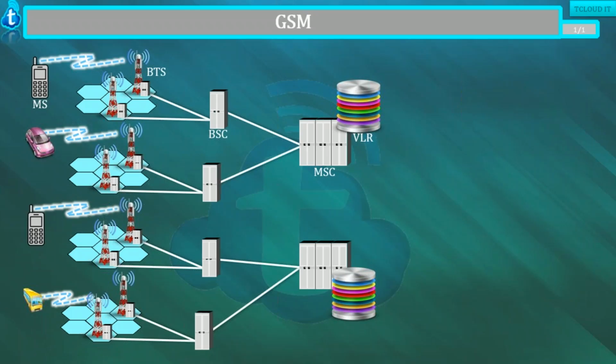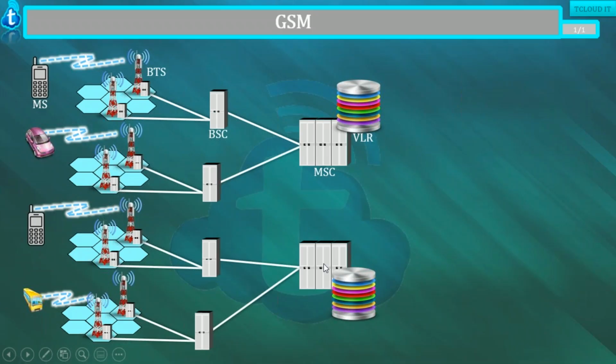But the moment they start roaming, moving from one place to another, one of the users who is supposed to be under this MSC's geographical location, once he starts coming into some other location and sends any kind of service request, the BTSs and BSCs, which have the physical connectivities, are going to blindly forward those service requests to this MSC.